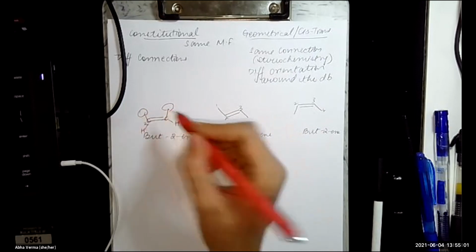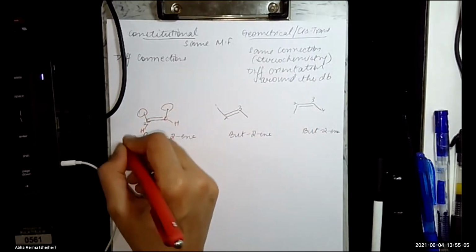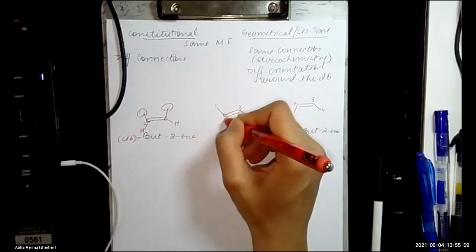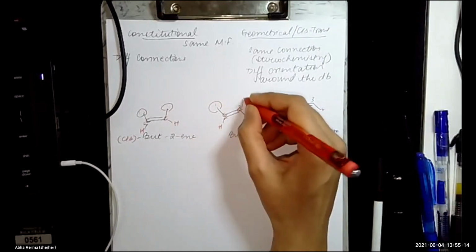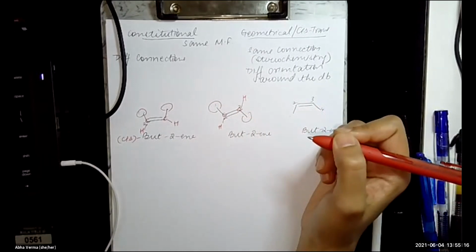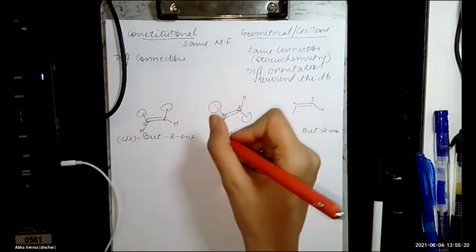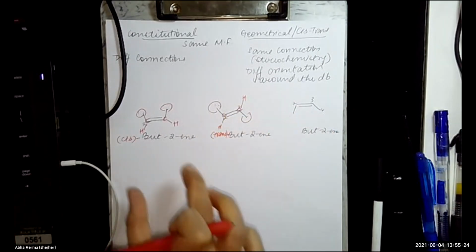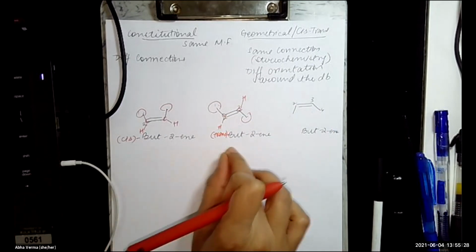Both priority groups are exactly the same and on the same side, so we label it as cis-2-butene. On this carbon, hydrogen is here, priority group right here. On this carbon, hydrogen is here, priority group is right here. Both priority groups are on the opposite side. Not cis, this is trans. So the IUPAC name will also help you.